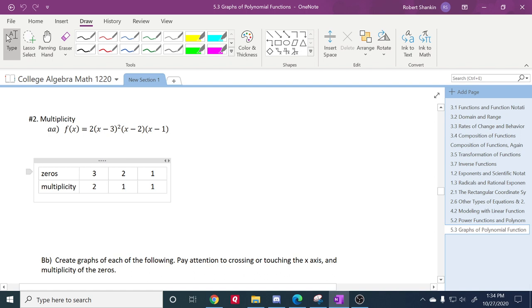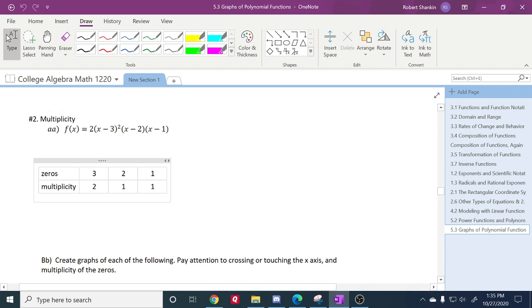Now, the zeros, also called x-intercepts or roots of the polynomial, are the values of x that will cause y to be 0. So when x is 3, or 2, or 1, they will all cause f of x to be 0.